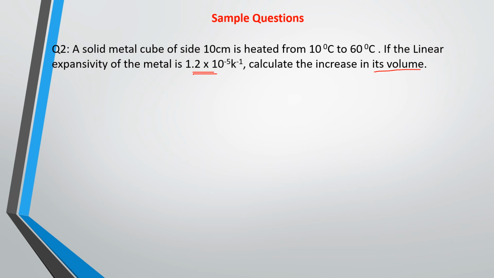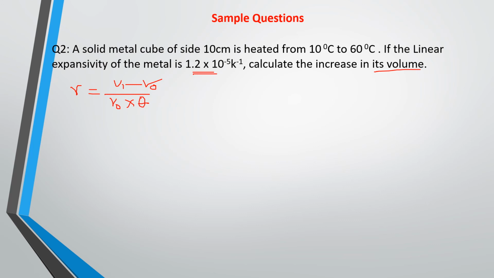So this one is easy. The same equation that we used just now is what we are still going to apply. Volume expansivity is equal to final volume minus initial volume all over initial volume times change in temperature.